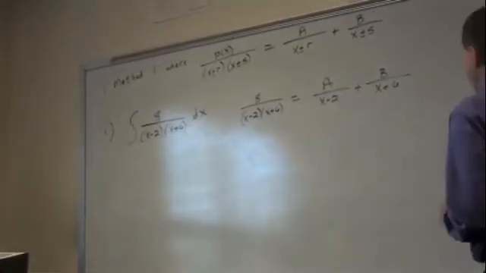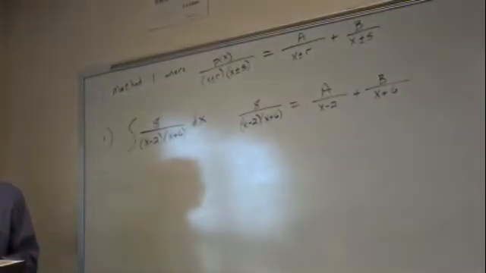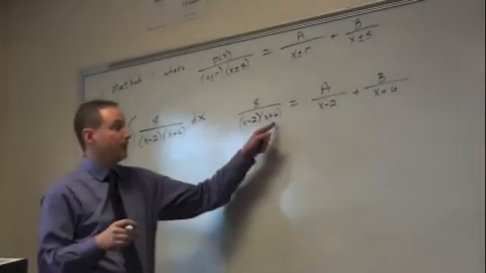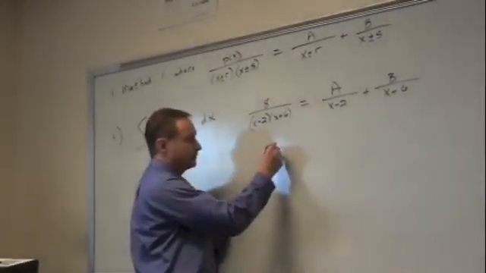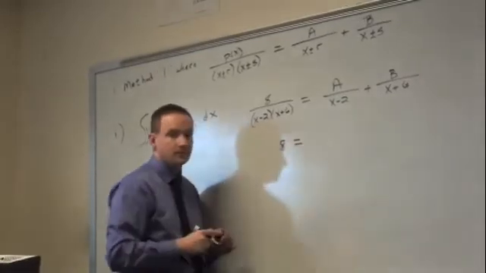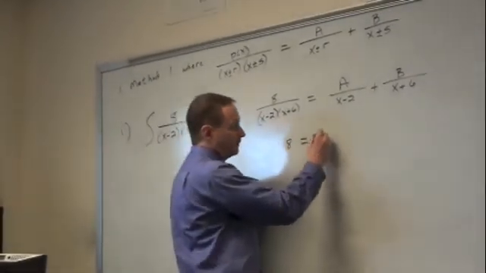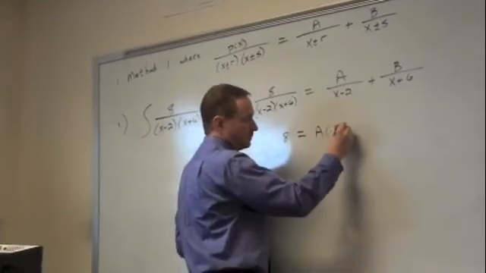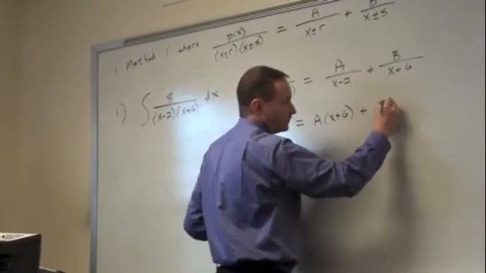So just like I did in the previous problem, I need to get rid of all denominators in this, which just means multiply everything by x minus 2 times x plus 6. On the left, we'll have an 8. On the right, I know my a will be multiplied by x plus 6, and my b will be multiplied by x minus 2.